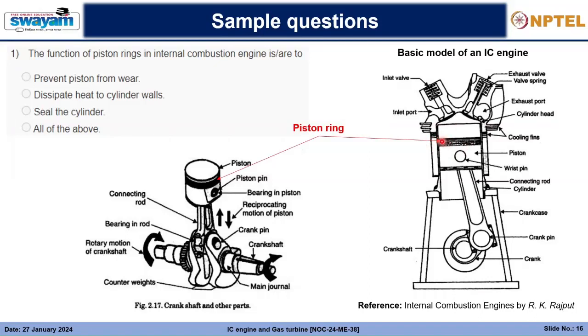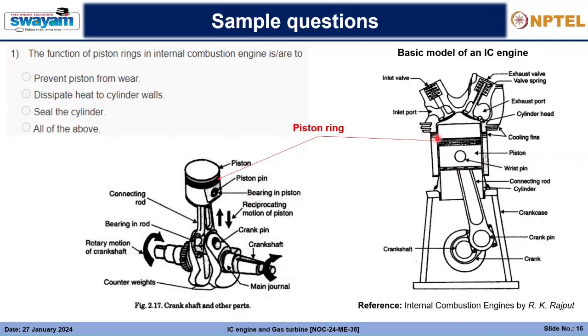And the second thing is it is sealing this volume. The combustible matter at very high pressure, you just imagine very high pressure, will try to push away and leak out from here. But the piston ring present will prevent this entire thing from leaking. So it is sealing the cylinder, good.